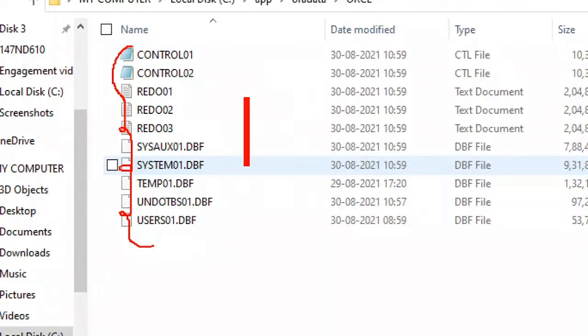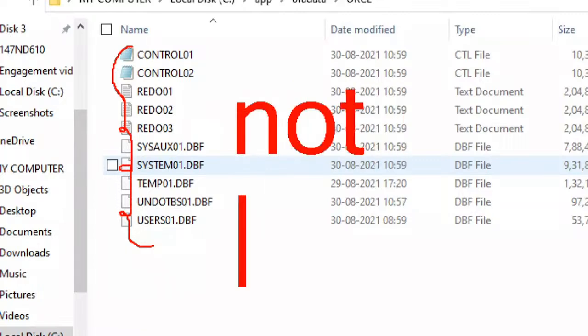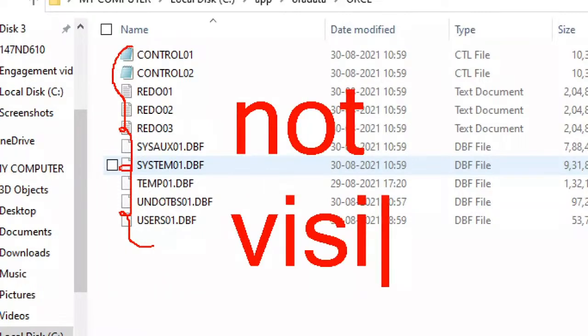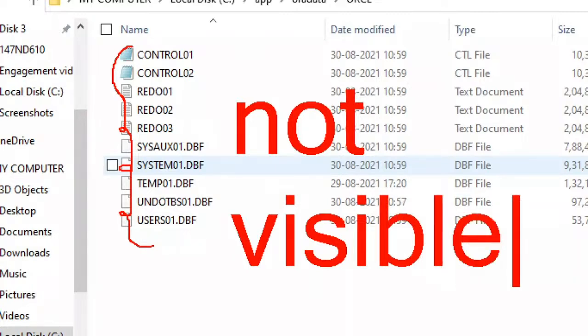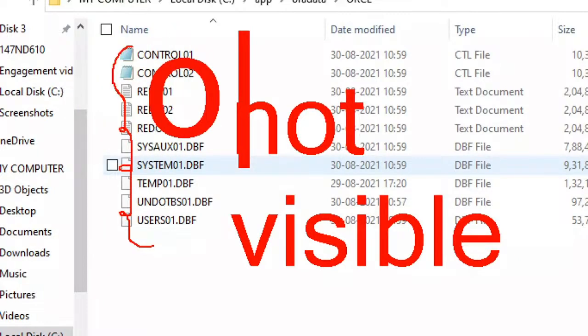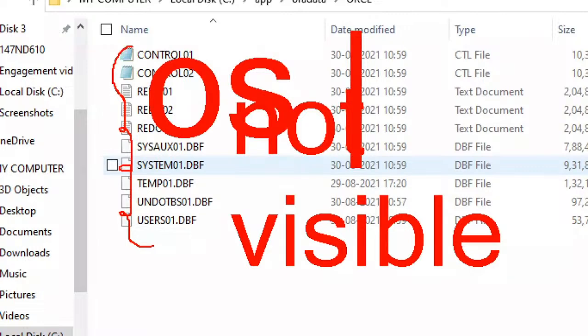But unfortunately, Z is a table I'm giving only. Is that table visible in the operating system or not? Very good, not visible. That's why a structure which is not visible in the operating system is called a logical structure.